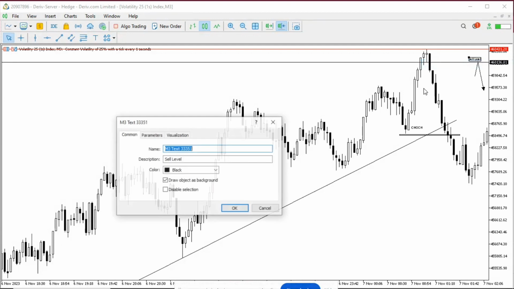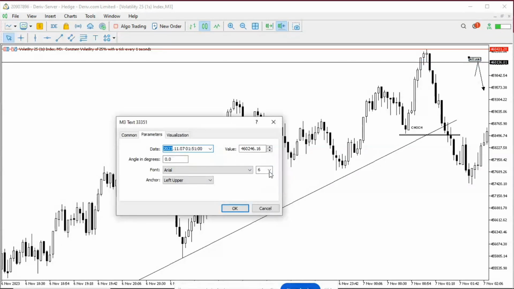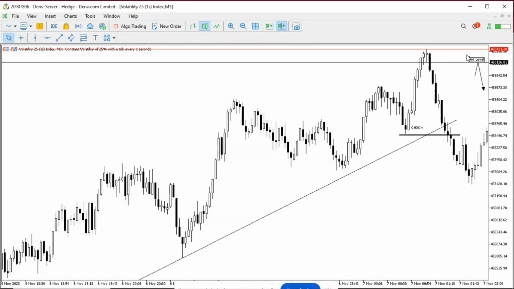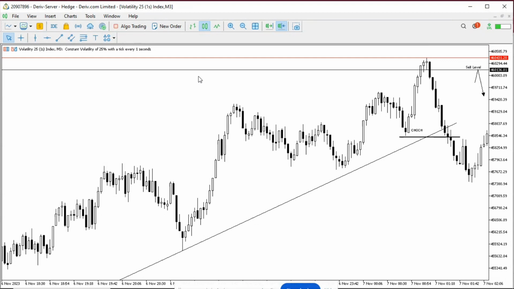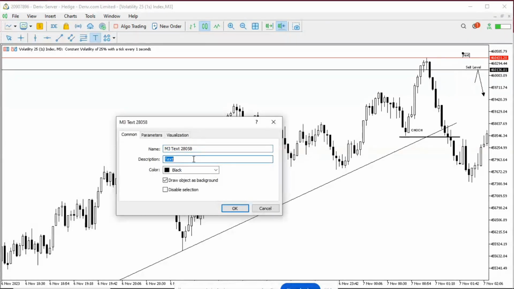Let me increase the font. Here's my sell level, and then above it is my stop loss.